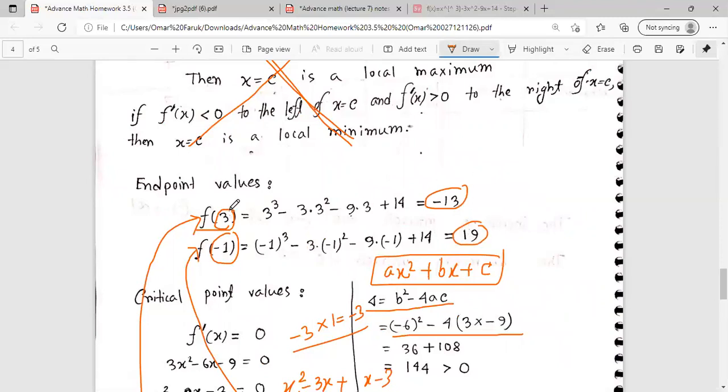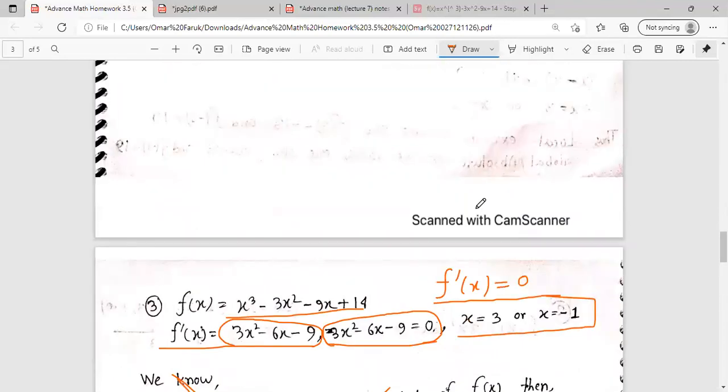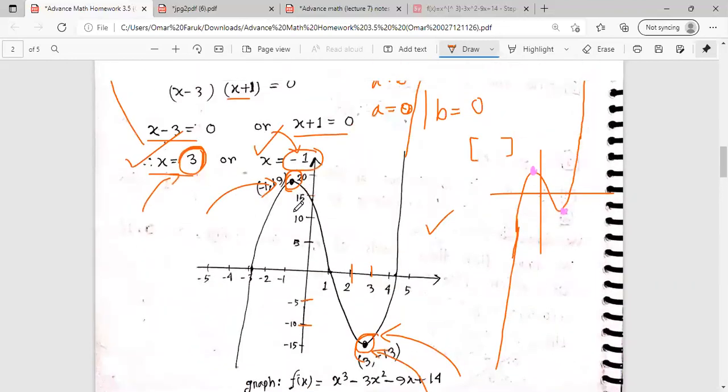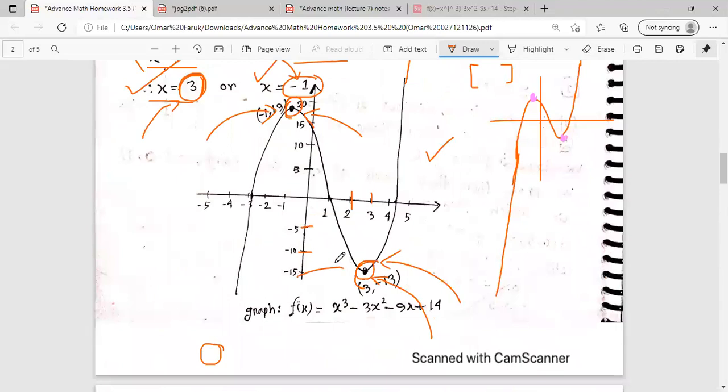That means at 3, it is minus 13, and at minus 1, it is 19. So these 2 points we put in the graph. See here, this point and this point.